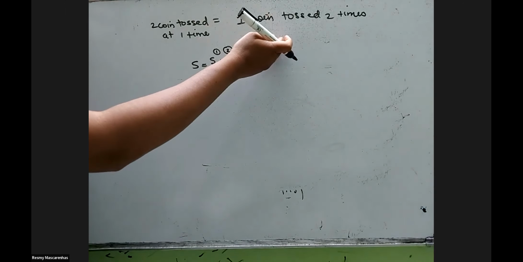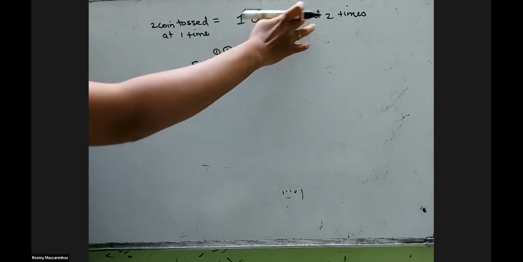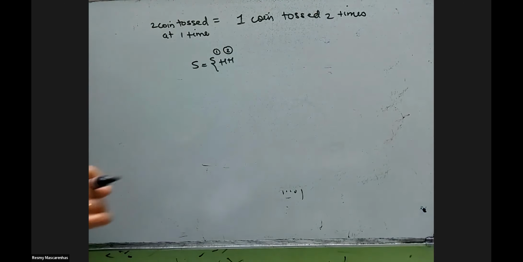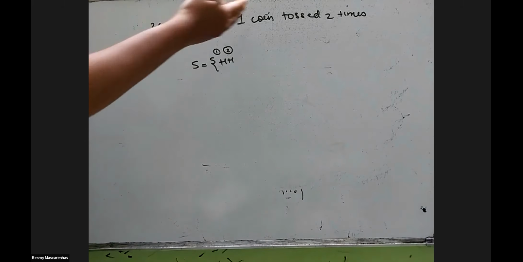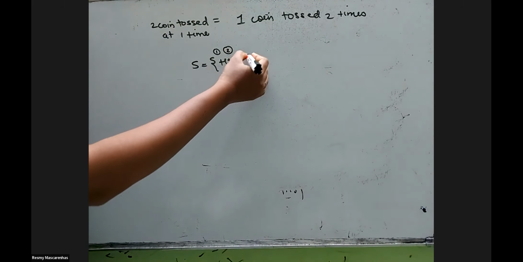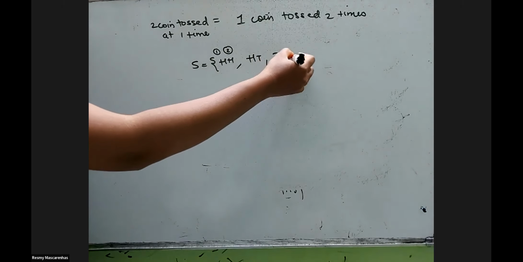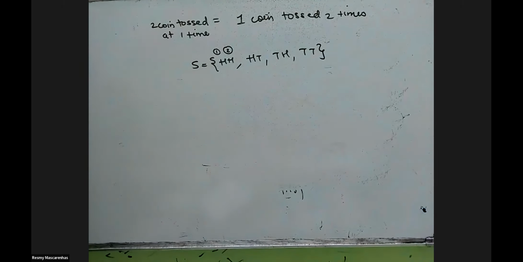The first toss is considered as coin 1, the second toss as coin 2. So whichever is given, the sample space is the same: head, tail combinations.